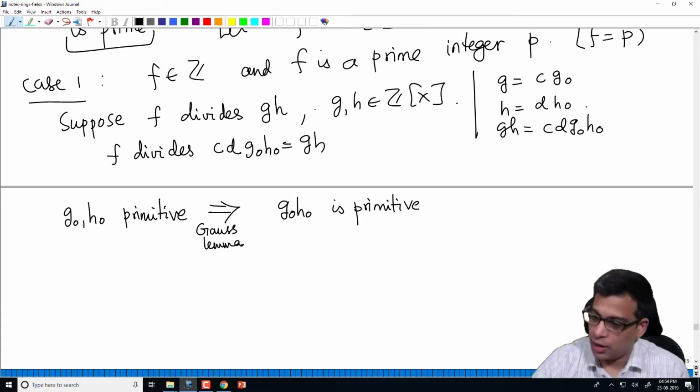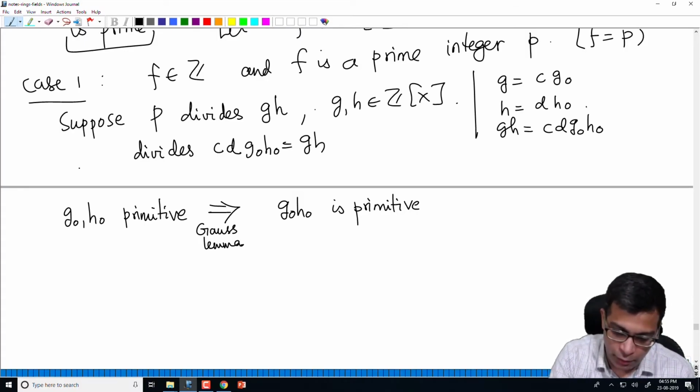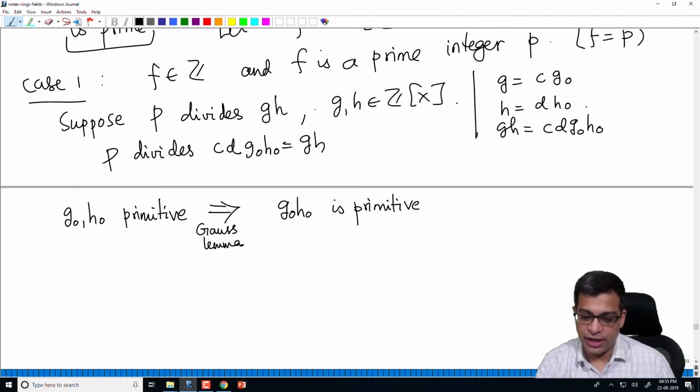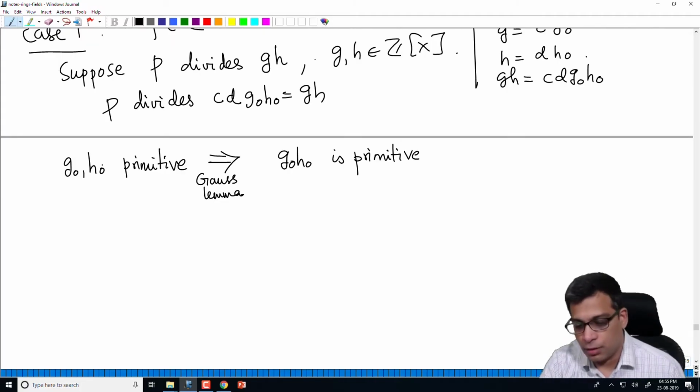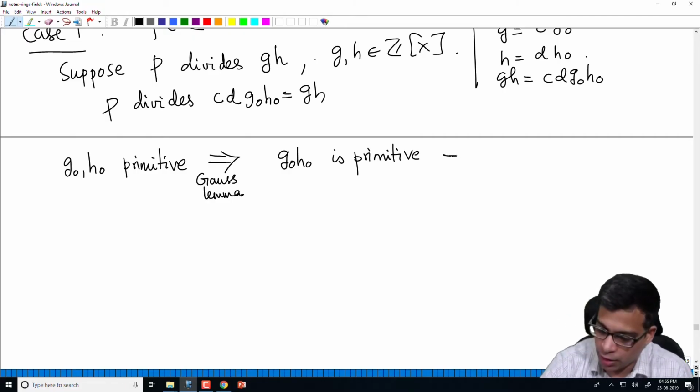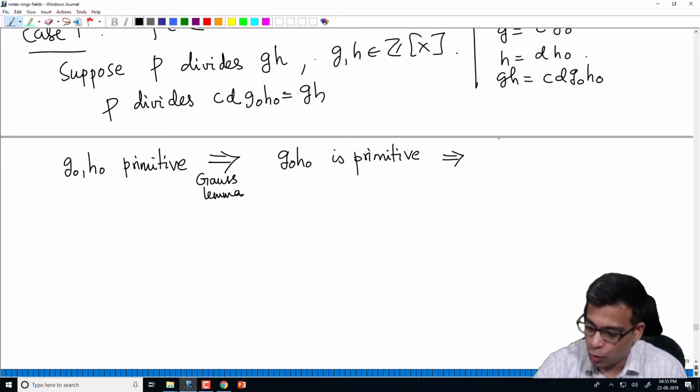By the way, I have called f equal to p, so I'm going to stick to that. So p divides gh. So p divides c d g0 h0. But g0 h0 is primitive. That means the GCD of all the coefficients of g0 h0 is 1.